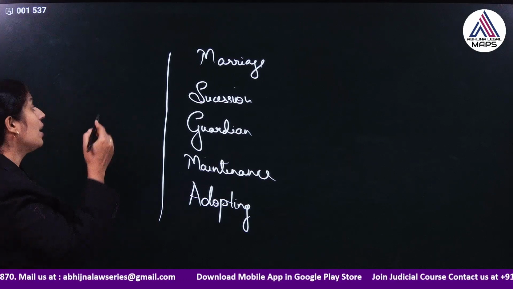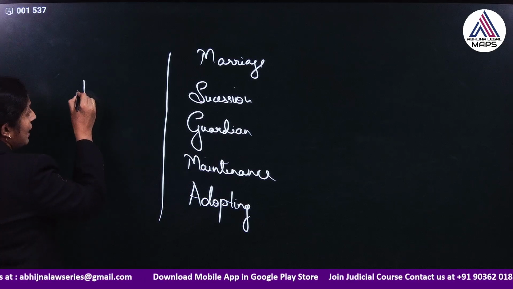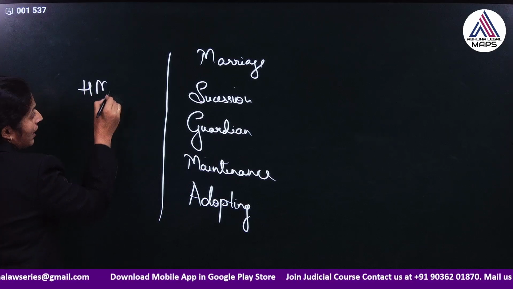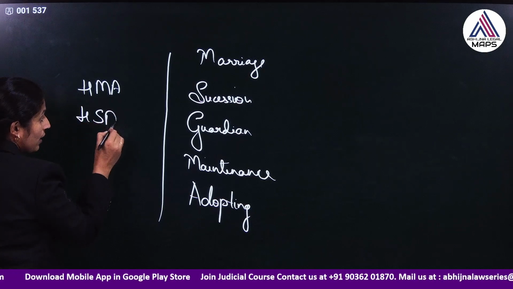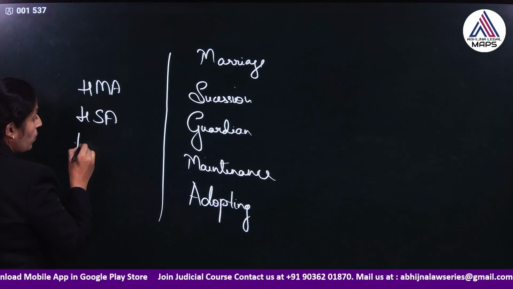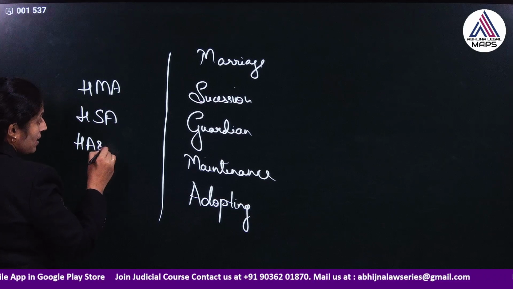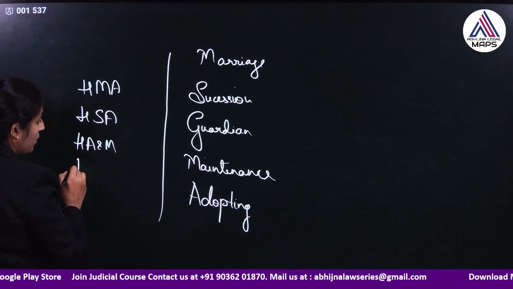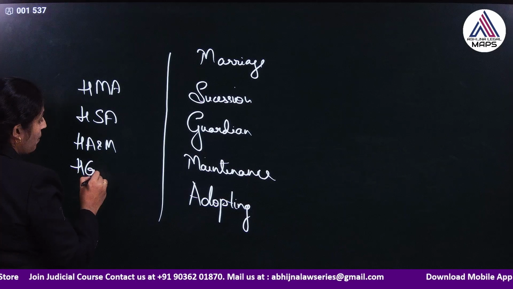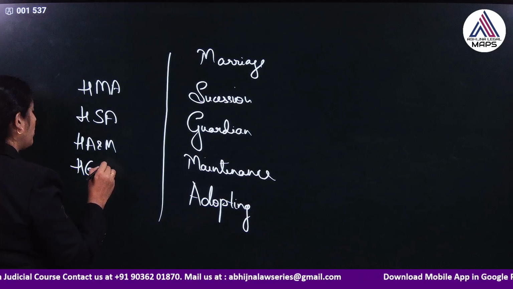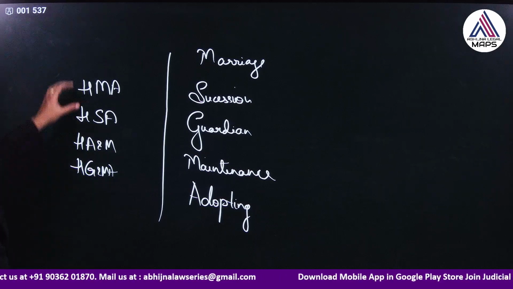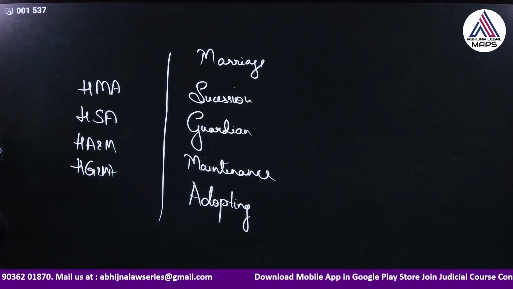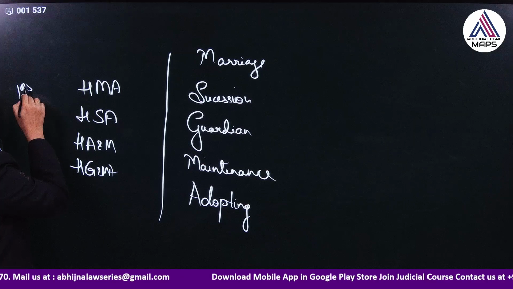Hindu law we can categorize as the Hindu Marriage Act, the Hindu Succession Act, the Hindu Adoption and Maintenance Act, or the Hindu Guardianship and Minority Act. The Hindu Minority and Guardianship Act also we can call it as. All these have been enacted in 1955, 1956.